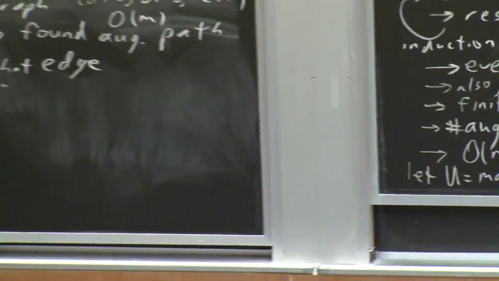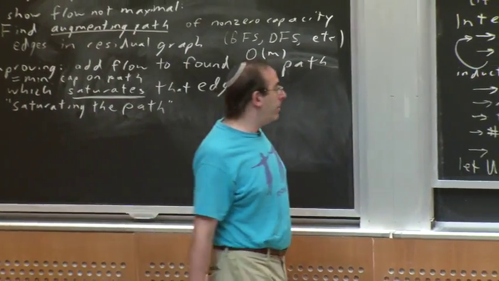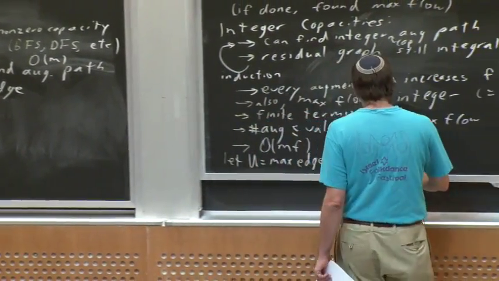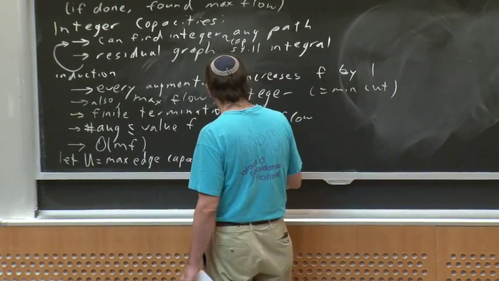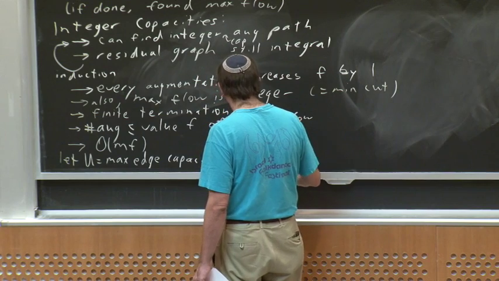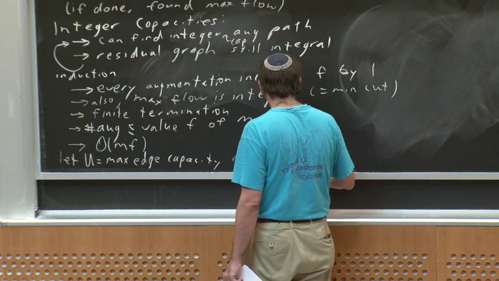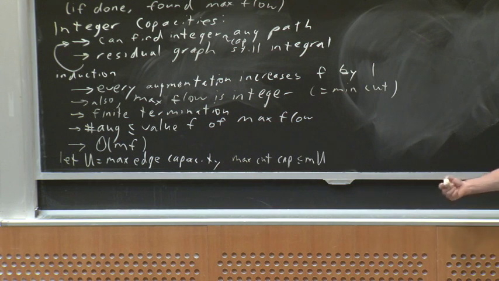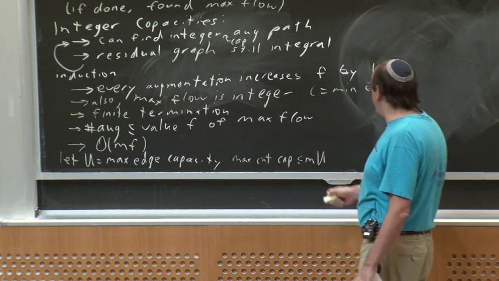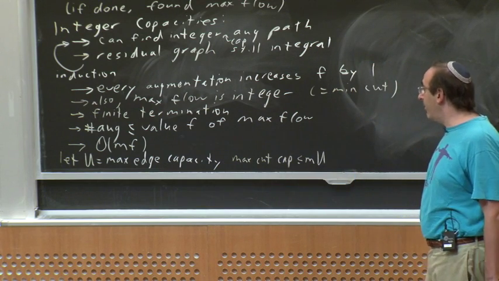That multiplied by the number of edges, right? So if one edge has maximum capacity U, that means that the maximum cut capacity is at most m times U, because a cut can only have every edge cross at once. And so that gives us a bound on the maximum flow.